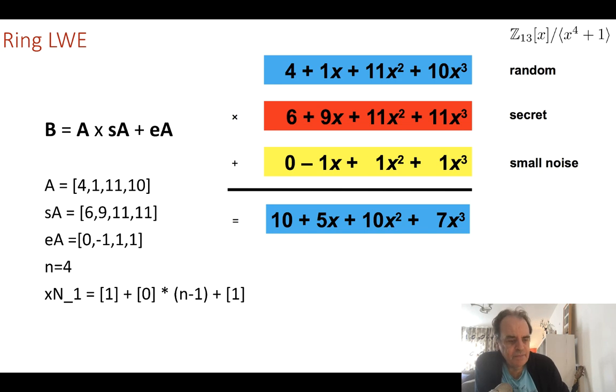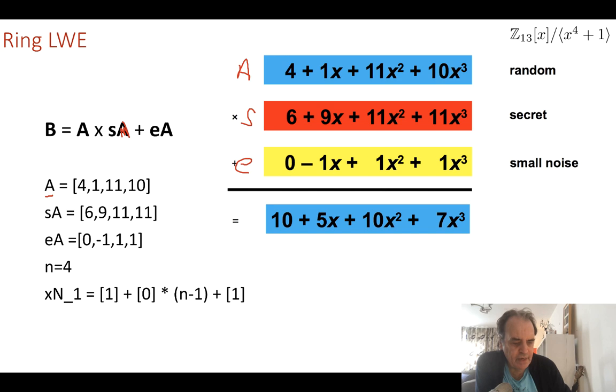So here we are. Let's say that we take the value of A here. We take our secret value, and then we take some error value here, and we create our calculations.